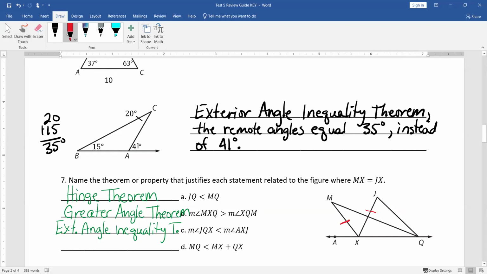Okay, so for the last one, MQ is less than the sum of MX and QX. So MQ and X is this triangle right here. Because right now we're looking at side lengths, and we see that there's an inequality in the length of one side and the sum of the other two, then we've got to go back to 5.3, inequalities.